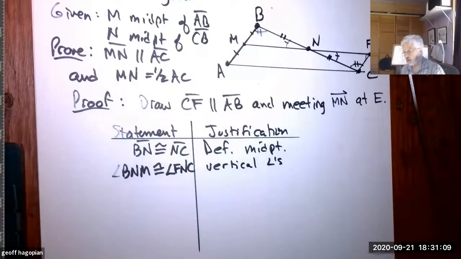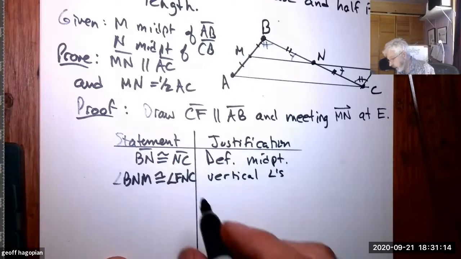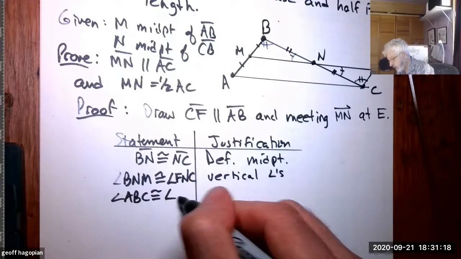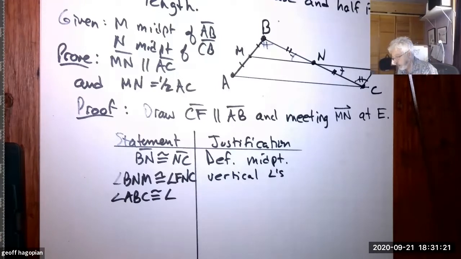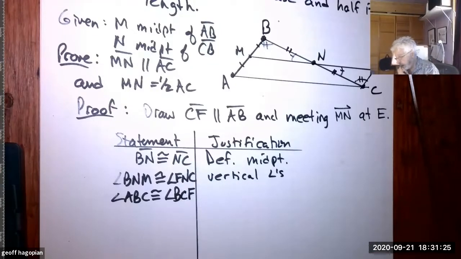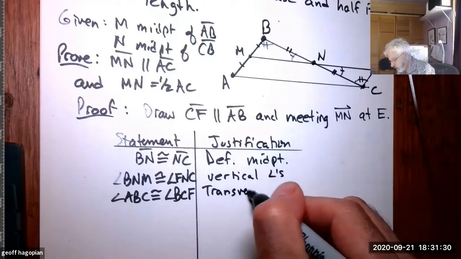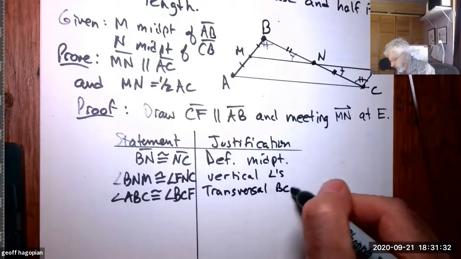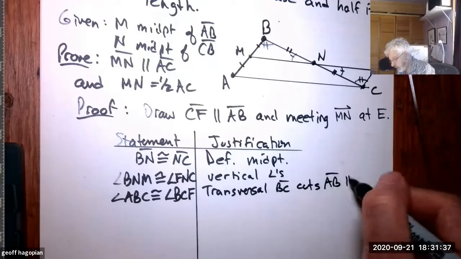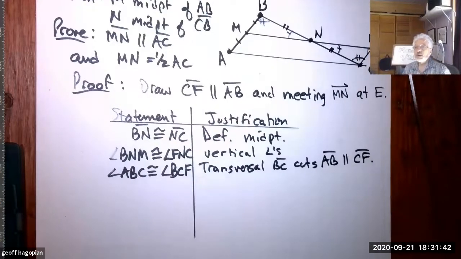Vertical angles are congruent, and we know that angle ABC is congruent to angle BCF, and that's because the transversal BC cuts AB parallel to CF, right?